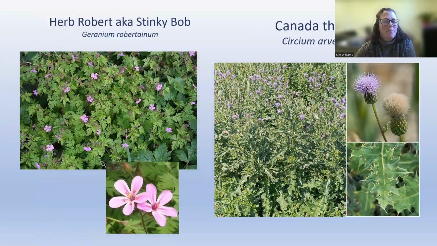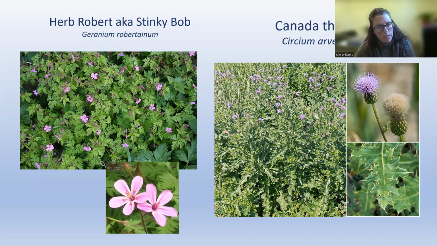And here are 2 more favorite invasive weeds. We have herb Robert, which is otherwise known as Stinky Bob, Geranium robertianum, and Canada thistle, Cirsium arvense. Both of these are super aggressive. The herb Robert is shade loving.